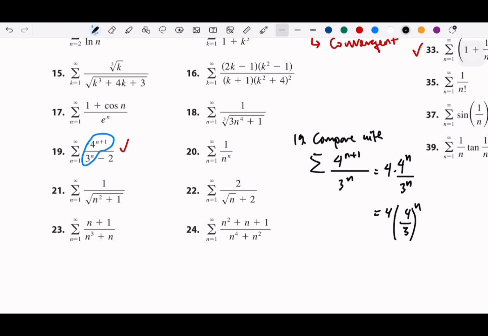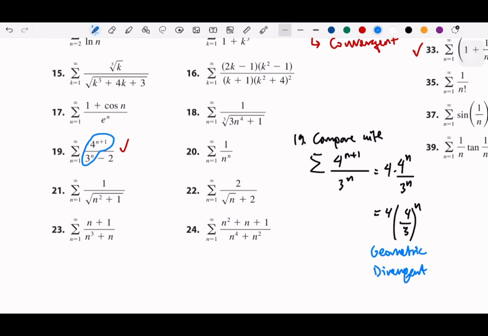And we know that this is a geometric series, and since the ratio is greater than 1, this will be divergent, right? So this is a geometric divergent.